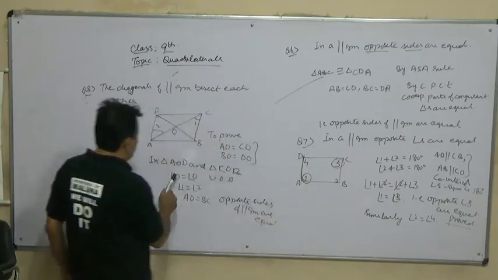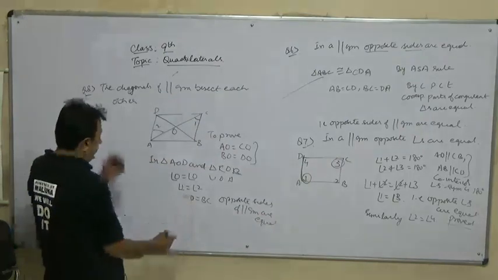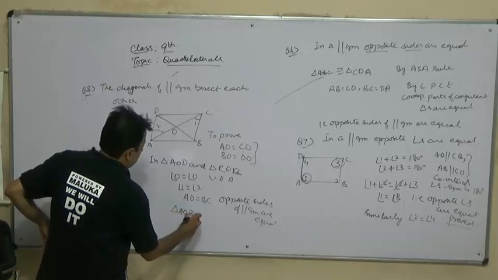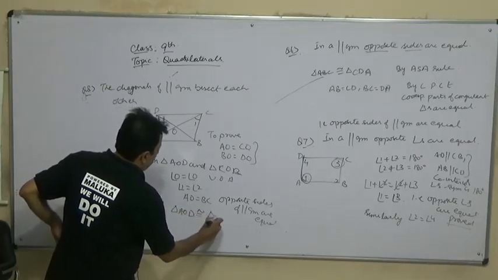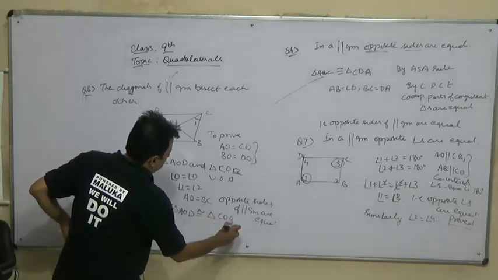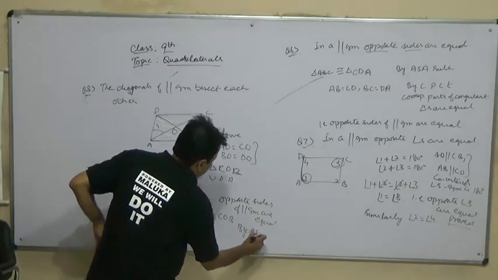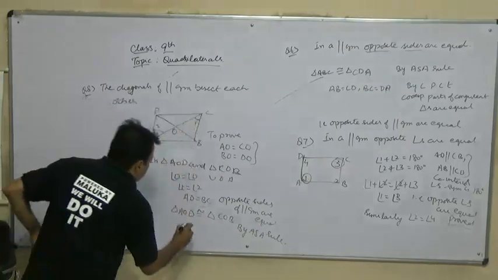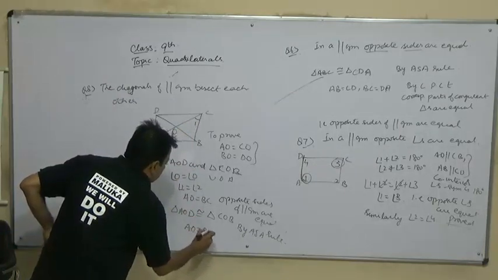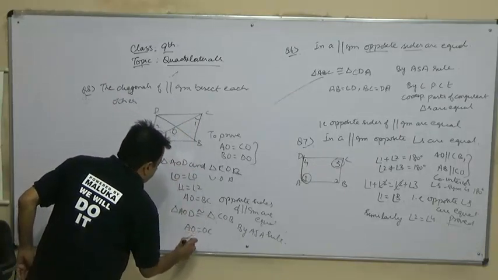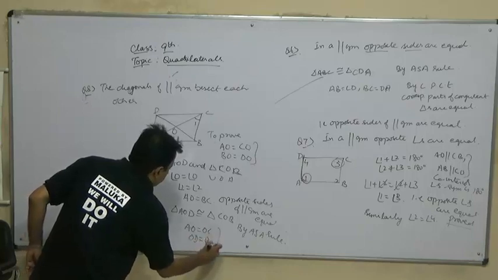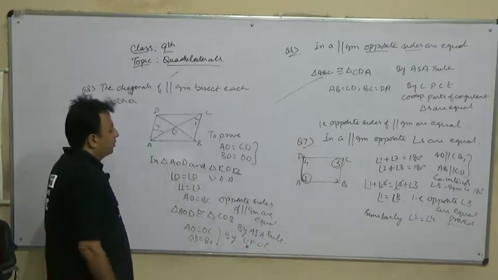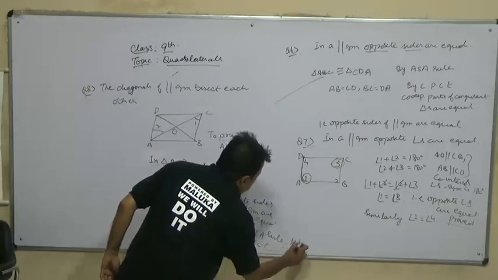So now what happened, two angles and one side, so what can we say, by ASA, triangle AOD is congruent to triangle COB by ASA rule. So now what can we say, AO is equal to OC and OD is equal to BO by CPCT, hence proved. So this is what we had to prove.